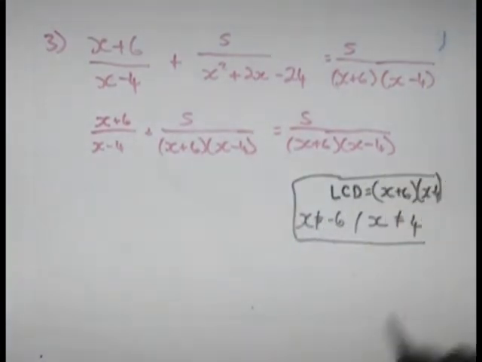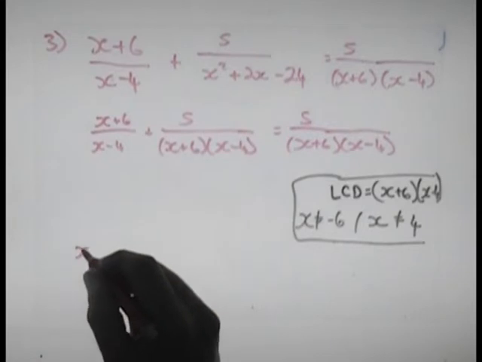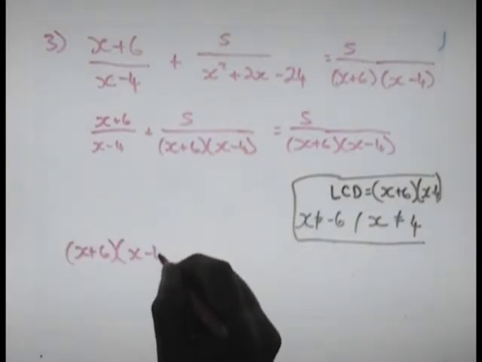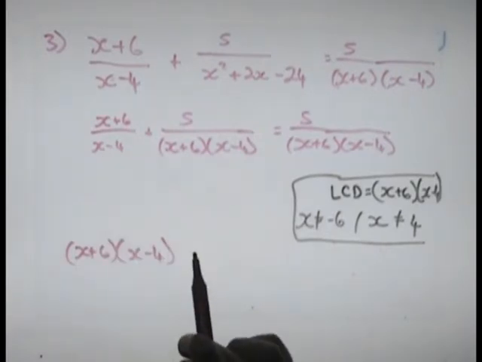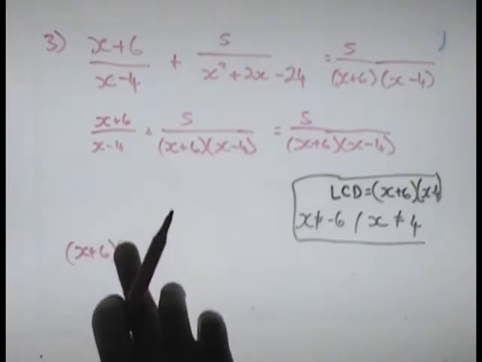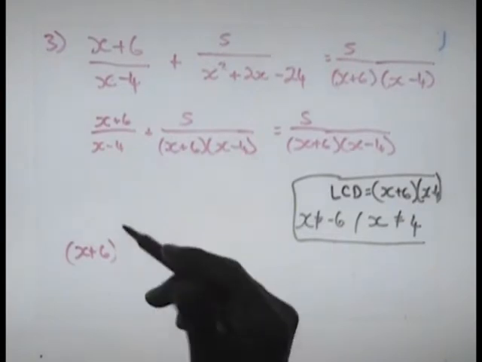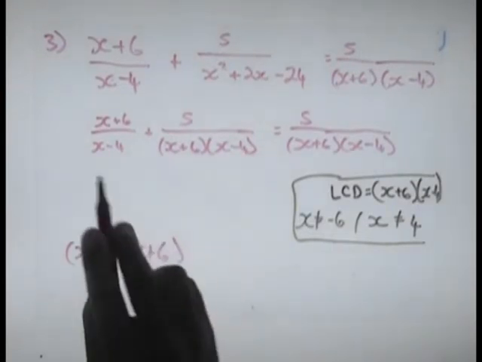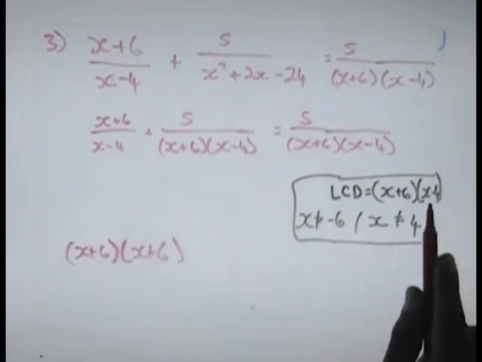If that's my LCD, this is going to read x plus 6 multiplied by x minus 4. No, that's going to read x plus 6 multiplied by x plus 6. X minus 4 is part of my LCD.